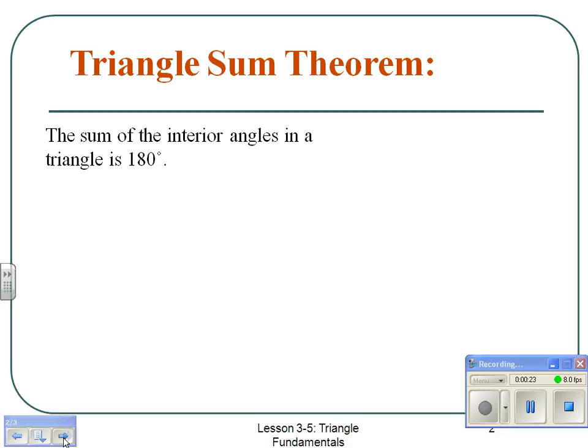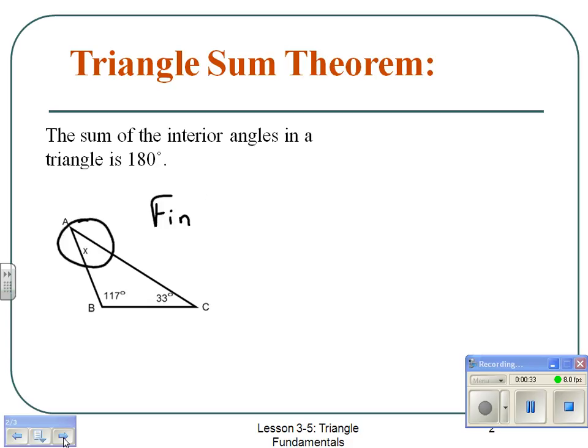Let's look at an example. If you have three angles in a triangle in which x is what you want to look for, find x, then the three angles in this triangle should add up to 180 is what this theorem says.